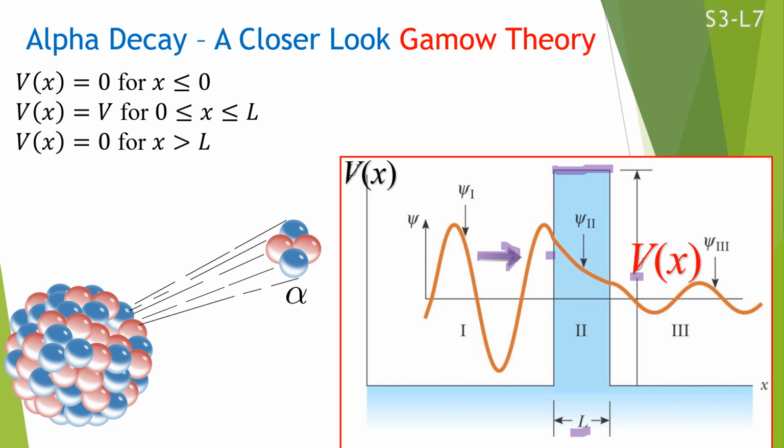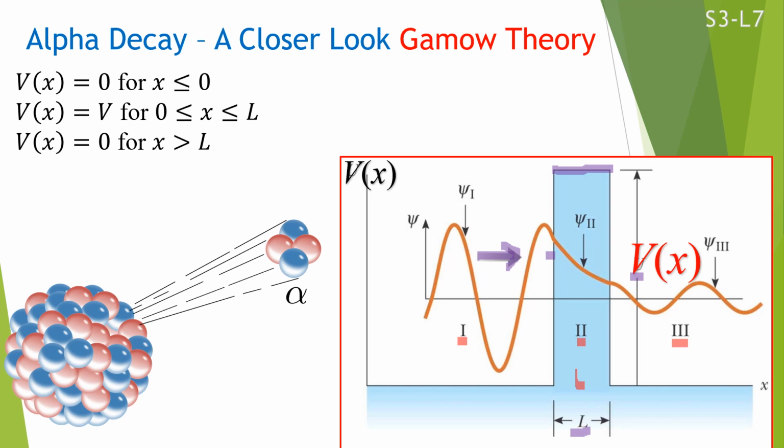So this arrow we shall refer to as the advancement of the alpha particle, and its energy level is way smaller than the height of the potential barrier. This rectangular potential barrier, as shown in the figure, has three regions of concern. This is the first region, in which the alpha particle is coming.